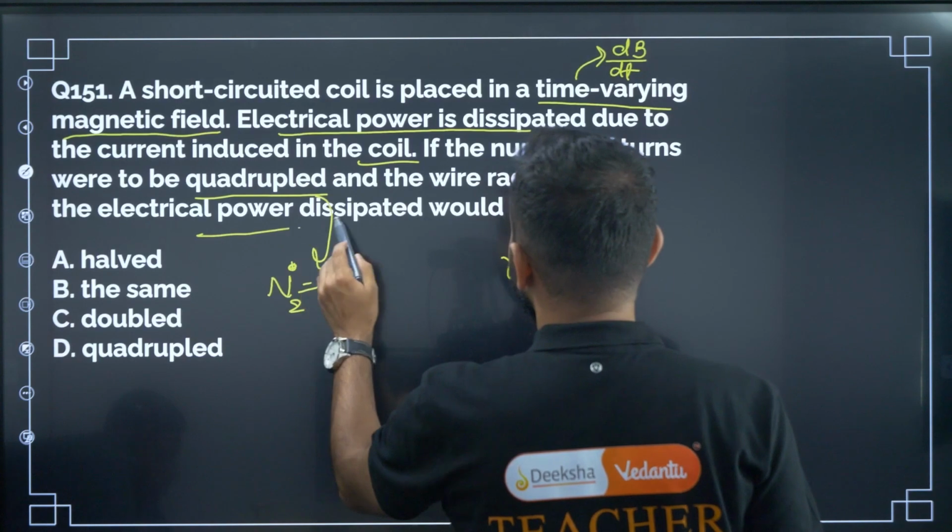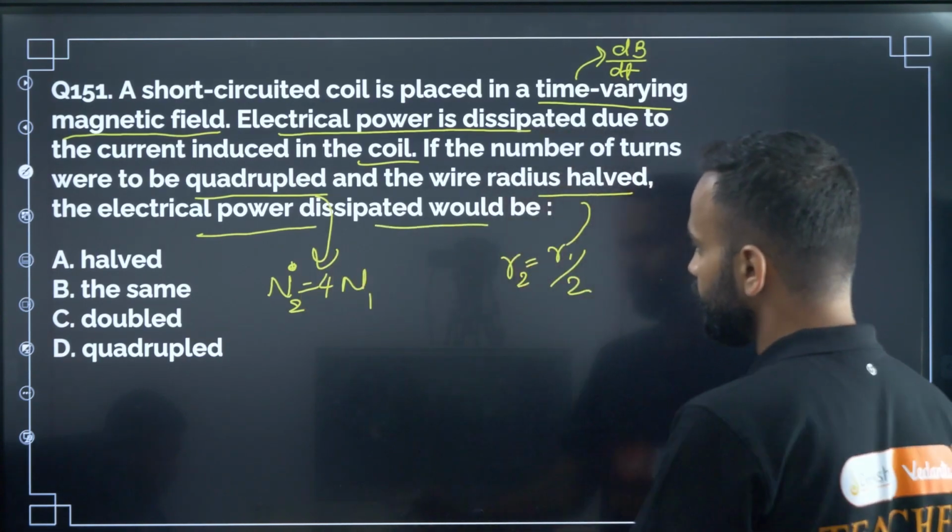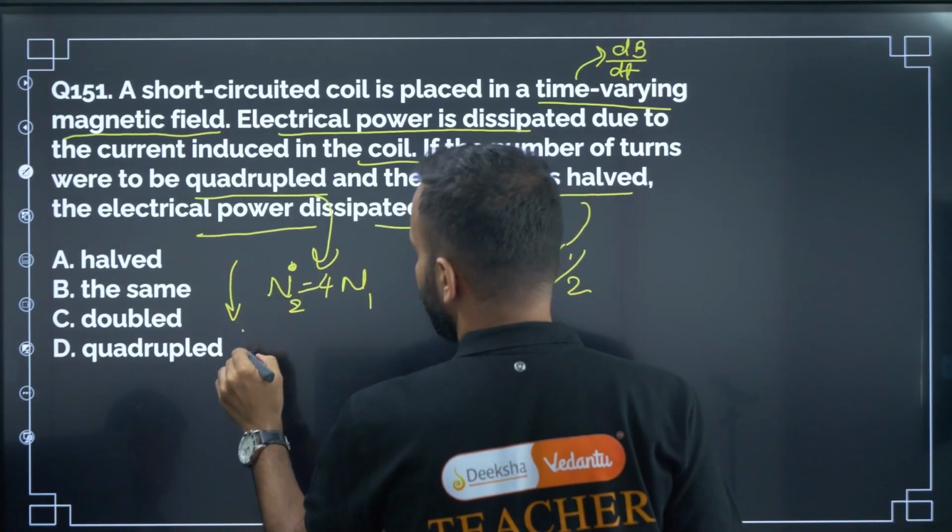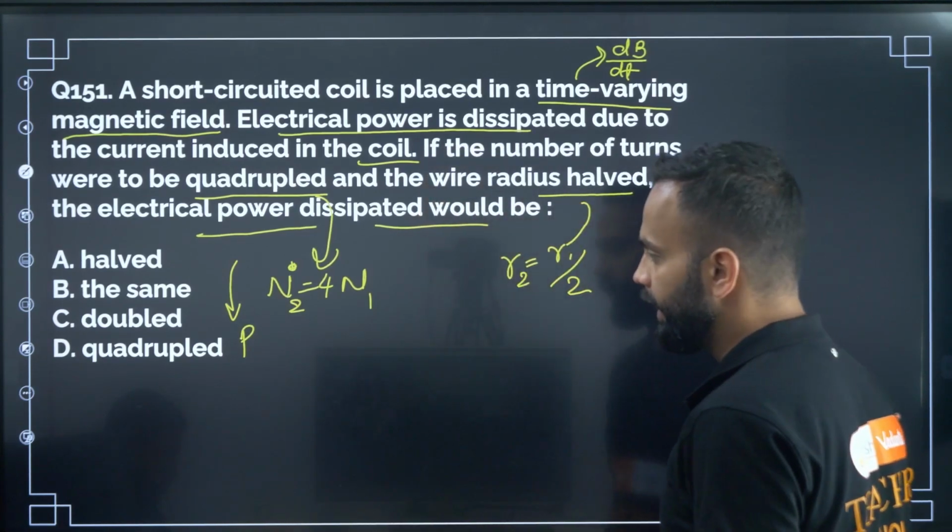The electrical power dissipated would be, okay, so we need to find electrical power dissipated, right?